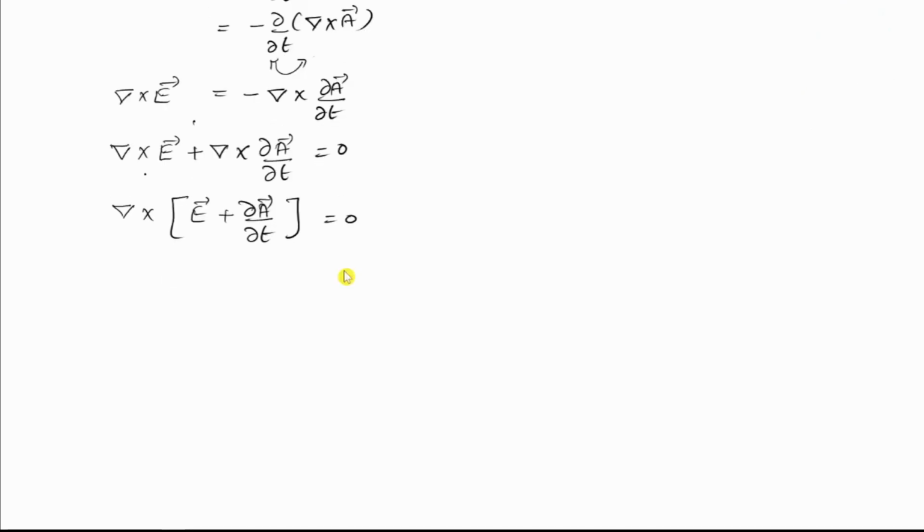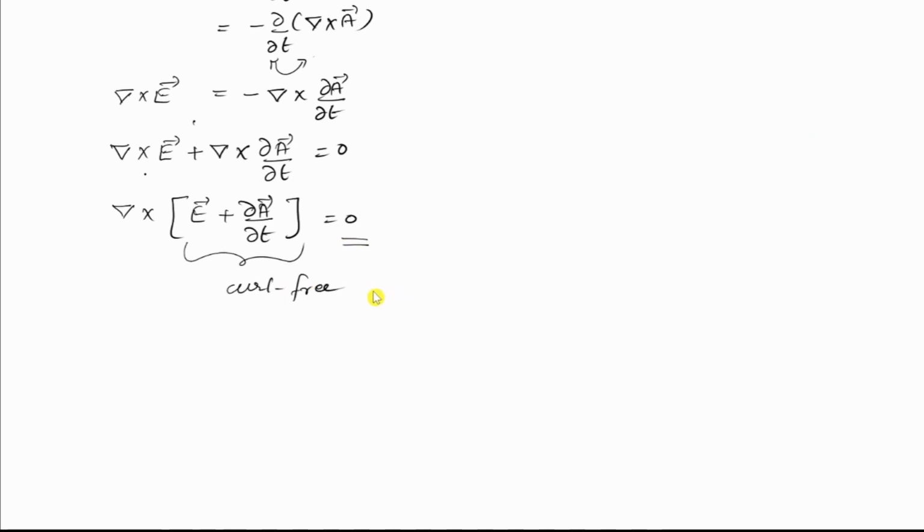Okay. Now look at the equation. We have del cross a term inside the bracket. Okay. So this del cross, that is curl of any term, if that is equal to 0, then we can say that the term inside the bracket is curl free.